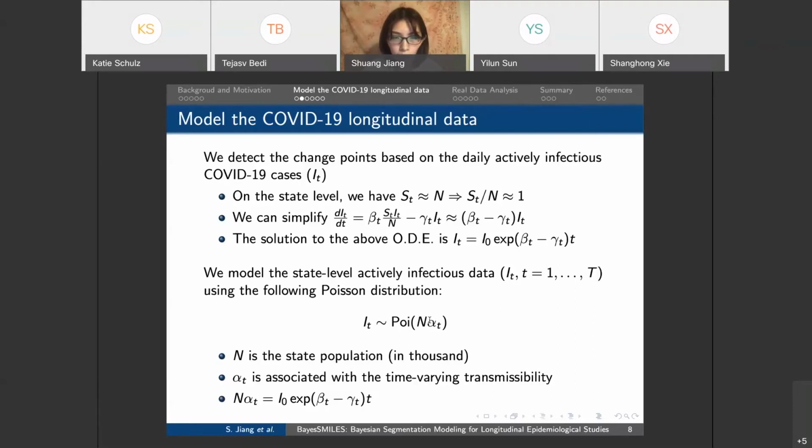And the alpha_t parameter is associated with the time varying COVID-19 transmissibility. And the way that we choose to use N times alpha_t as the mean of the Poisson distribution actually reflects our assumption that this value should be equal to the right-hand side of the solution to I_t.